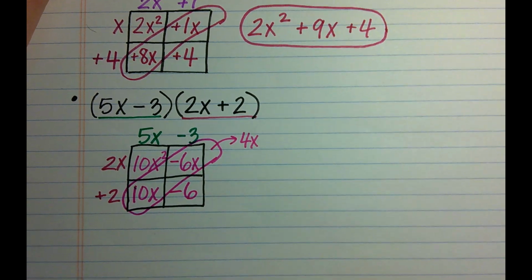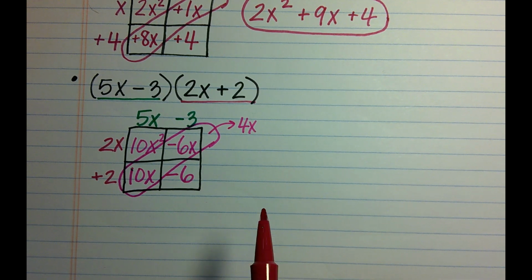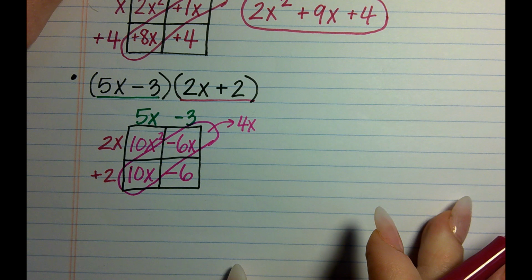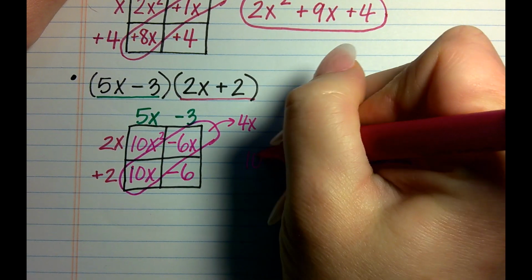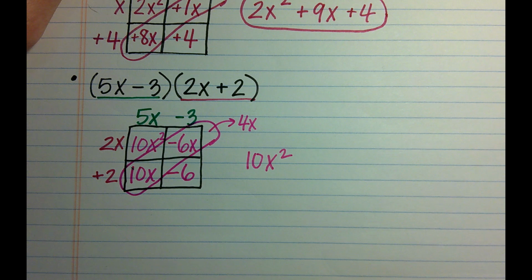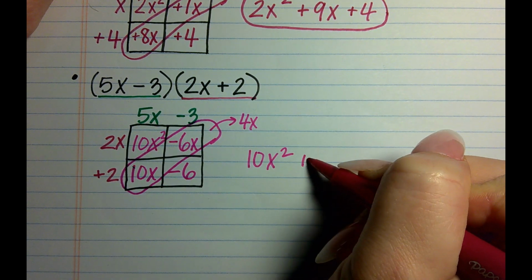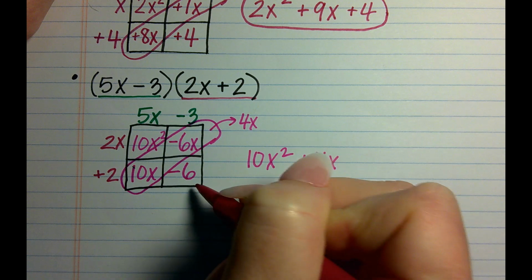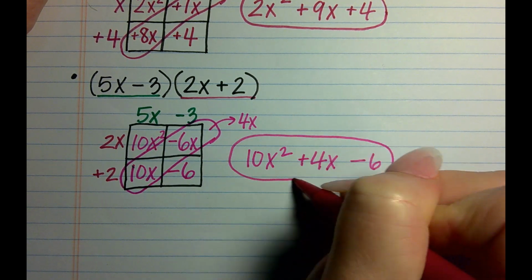Let's write that out to the side. Now, how will I write out my final answer? 10x squared plus 4x minus 6. Good. That is it.